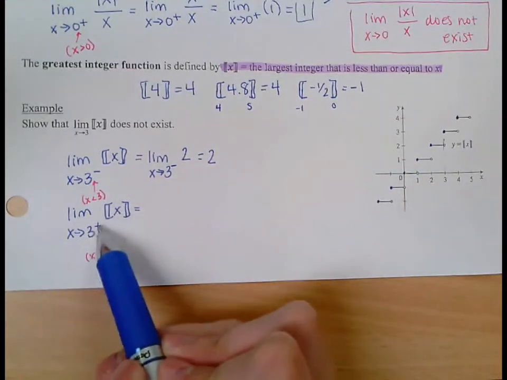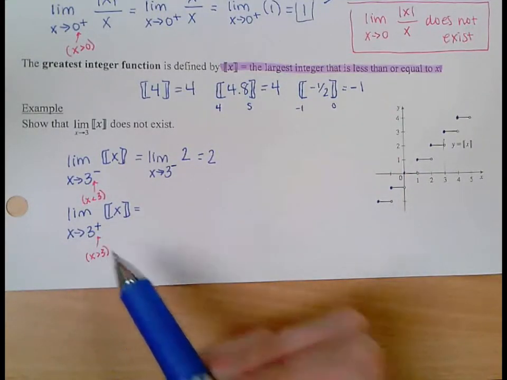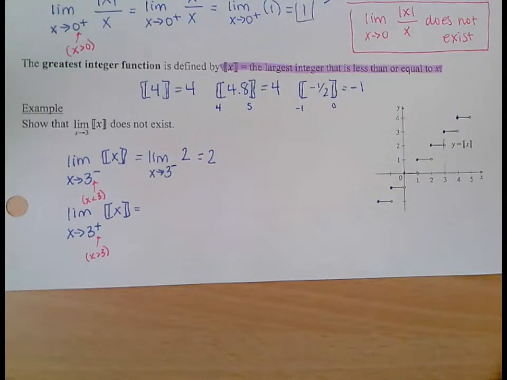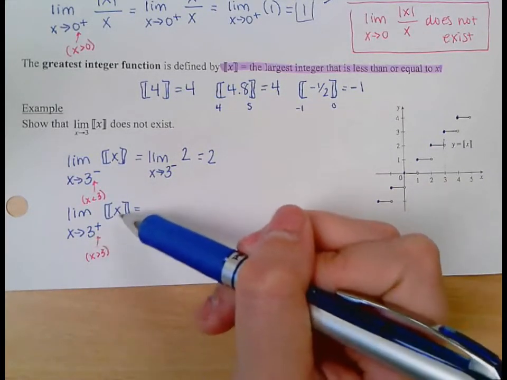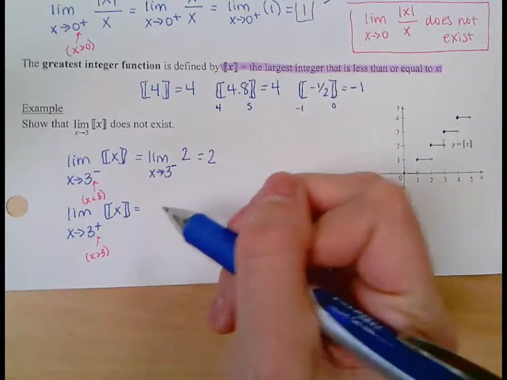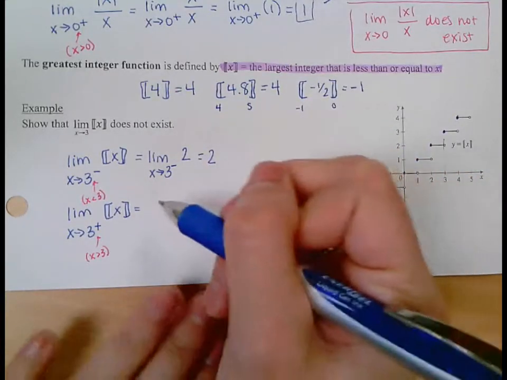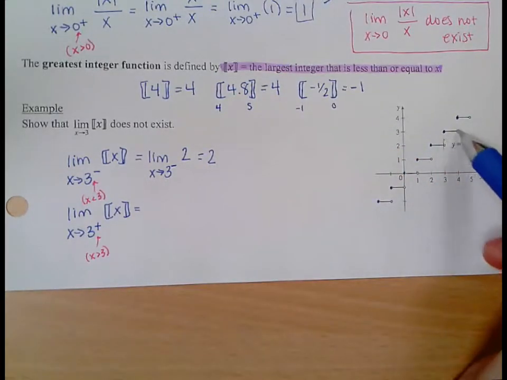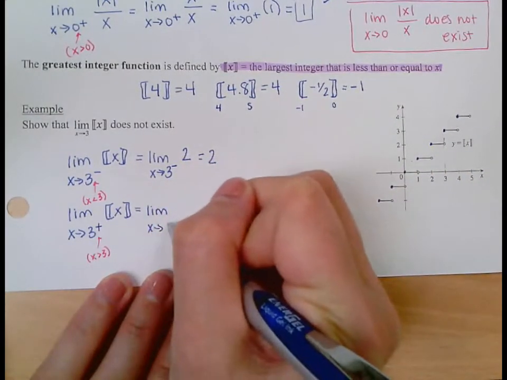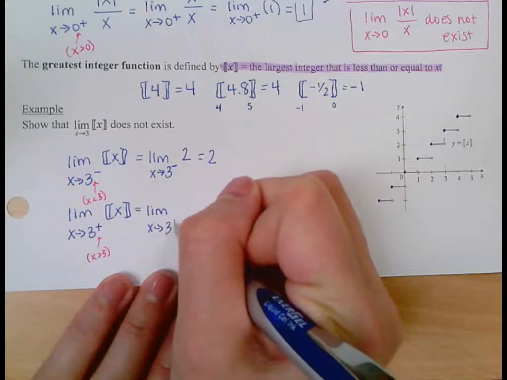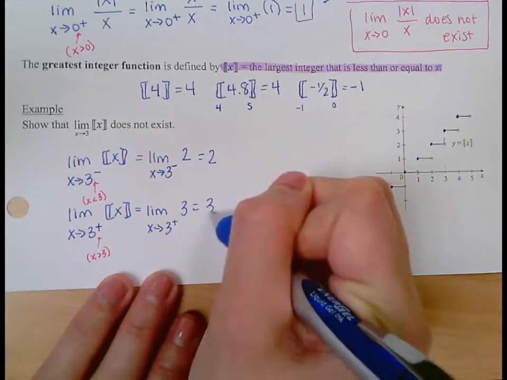And if I'm approaching from the right, so close to 3, that could be when x is 3.5, 3.25, 3.1, 3.01, getting closer to 3 from that side. Those values are all on that line segment where the y value is 3. So the limit as x approaches 3 from the right is 3.